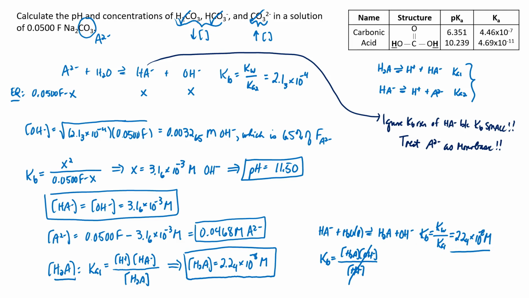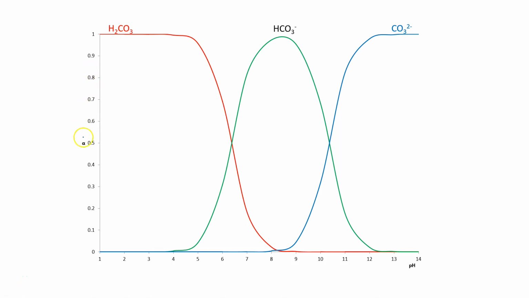But for a solution prepared from A-2, we got a basic pH. A-2 had the highest concentration, and HA- and H2A had the lowest concentrations. Let's take a look at this on the fractional composition diagram. Here it is. Again, that's a plot of alpha against pH.